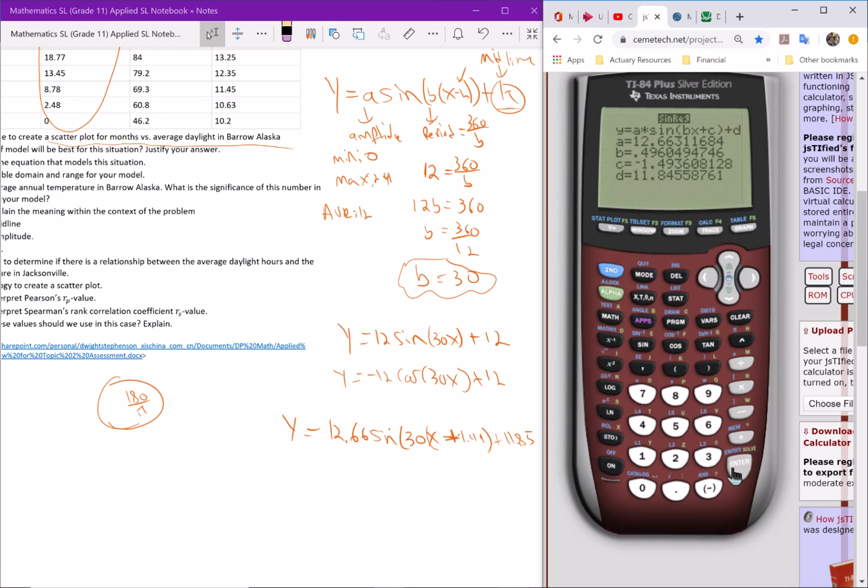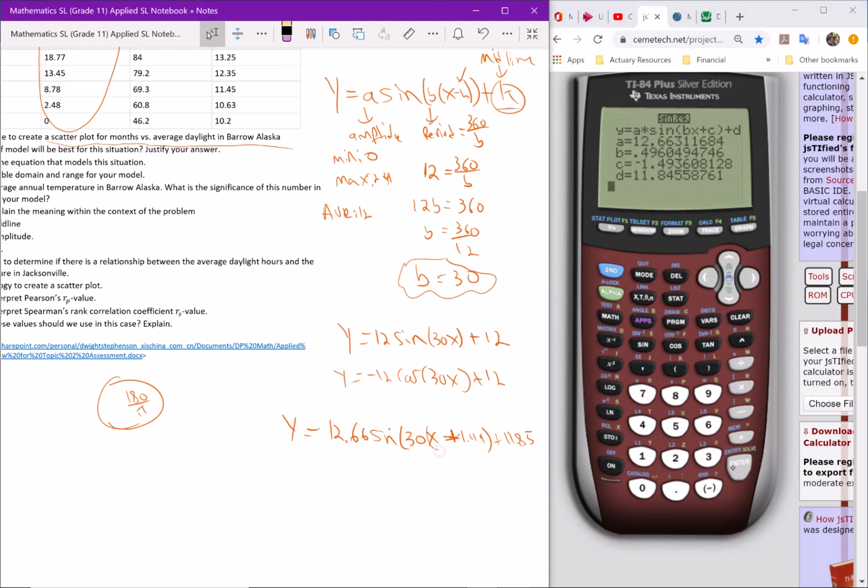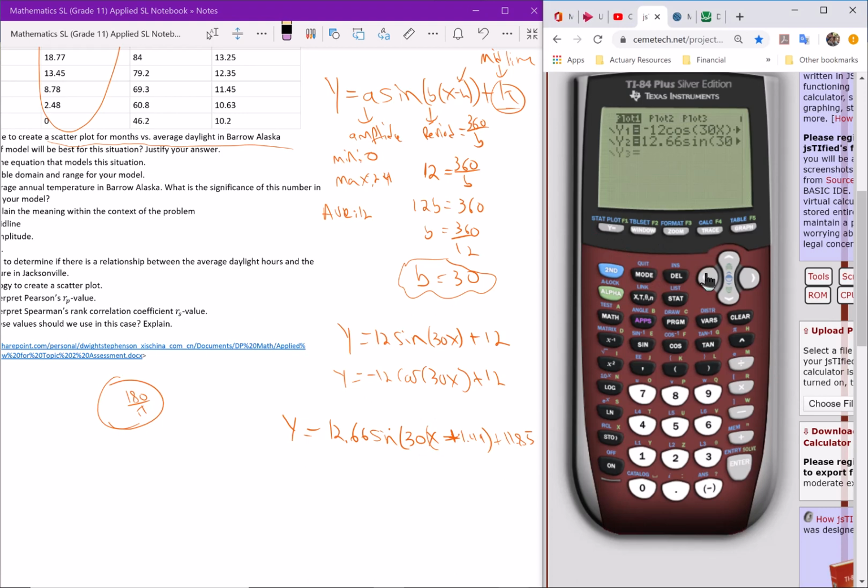Oh, I see. The format they put in is bx plus c, so I actually don't need that parenthesis in this case. Their c value does not include the distribution, so they're just writing it like that without that extra set of parentheses. Let's see if that works better.